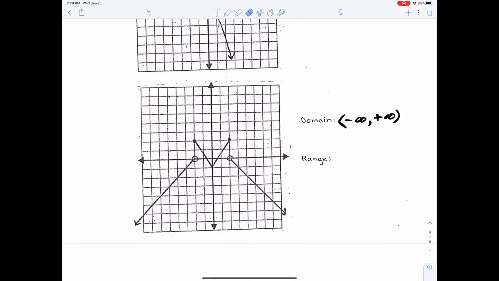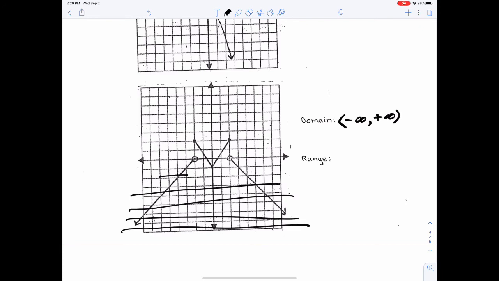All right, for the range, let's start on the bottom. Okay, when we're touching it, because remember those arrows go down, we're still touching it, still touching it, still touching it. Even here on 0, we're still touching it. Let me just show you real quickly. It's touching it not where these open circles are, but here.